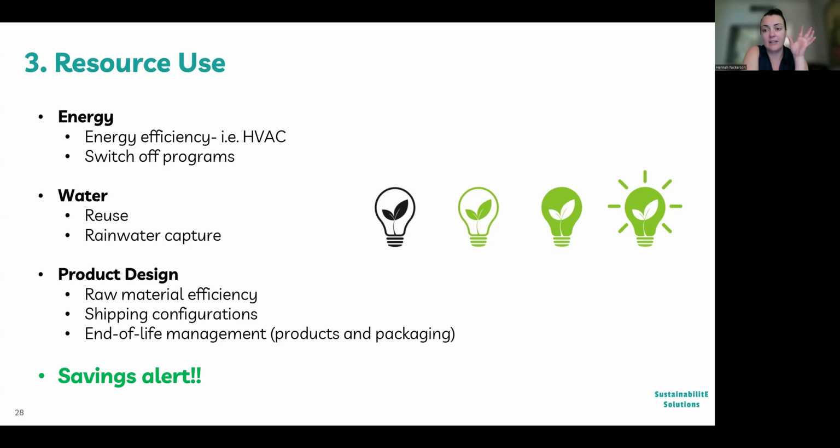This is the stuff that's going to save your business money, because other things like purchasing renewable energy credits, that's going to cost money. And this is really what we talk about when we say the triple bottom line. Not only are you making better products and engaging employees, you're also saving the earth while you're at it.